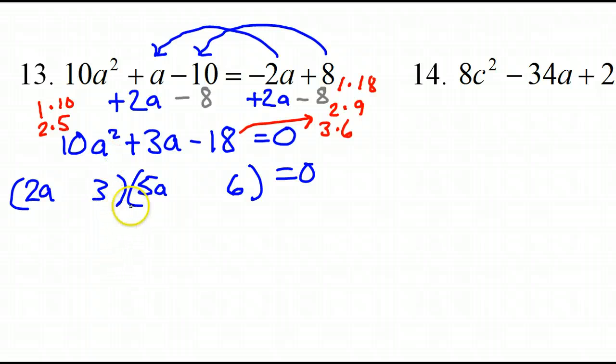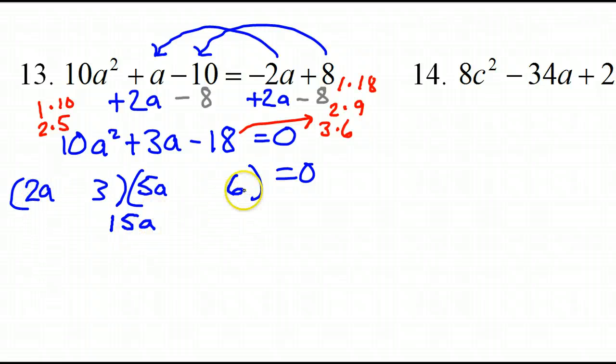Now let's do our inner plus outer equals middle. Inner, we have 15a. Okay? By the way, notice that I'm not just going, oh, the 3 and the 6, and that makes 3. That's not why I picked the 3 and the 6. That's a coincidence.